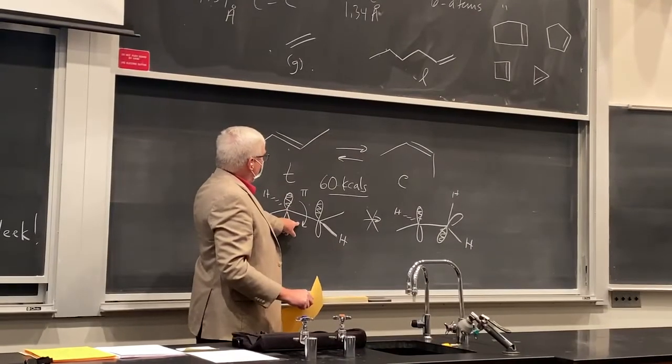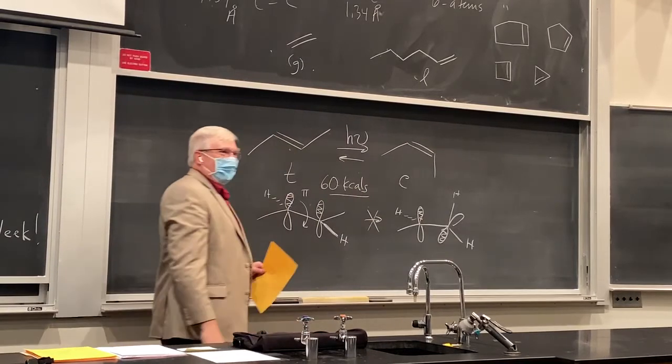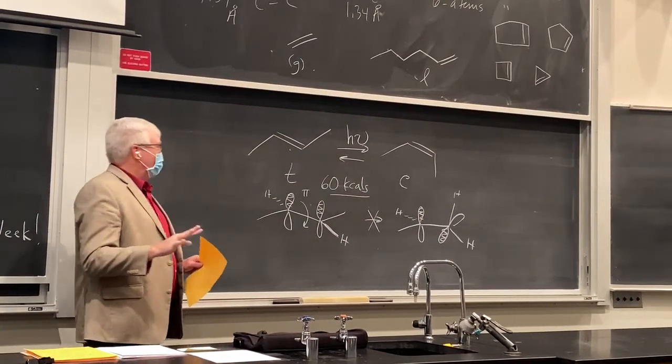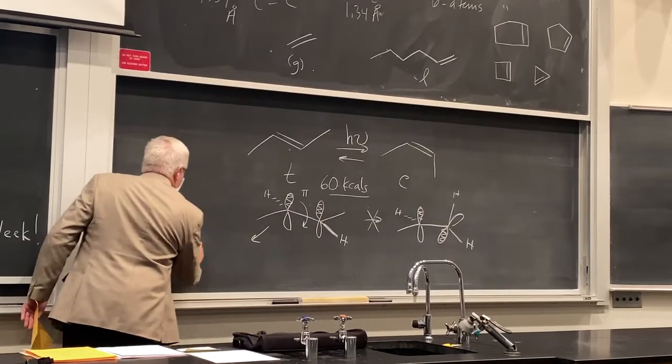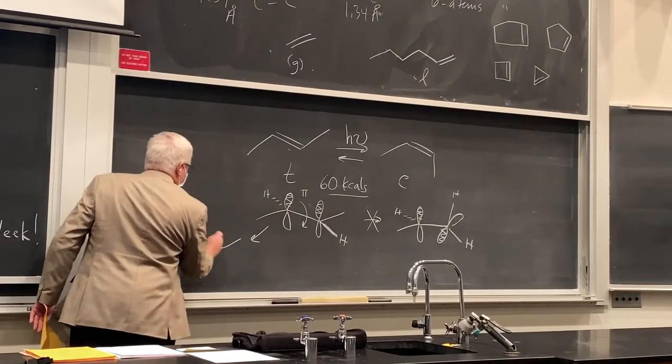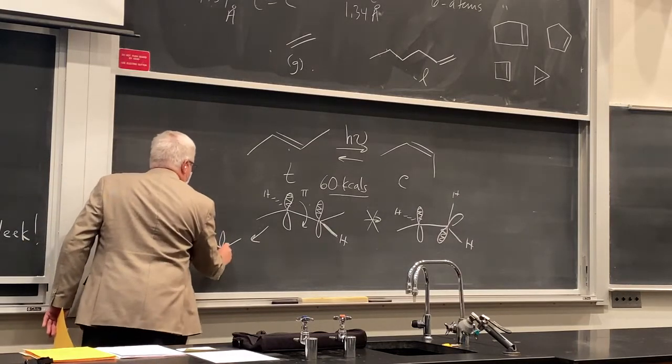If there are things we can do here, like shine light on it, and it has to be the right frequency of light, we'll convert this into a diradical. We can uncouple the pi bond here.